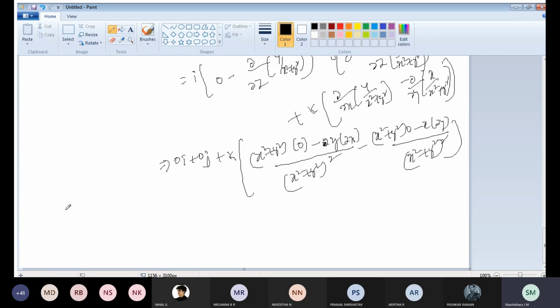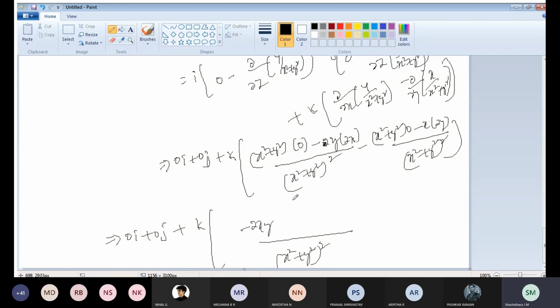So therefore, in the numerator, 0i plus 0j plus k into, observe the denominator of both the terms is common, so you can take the same term as LCM, and in the numerator, the first term is 0 because it is multiplied by 0, and the remaining is only 2xy. y into 2x, nothing but 2xy.